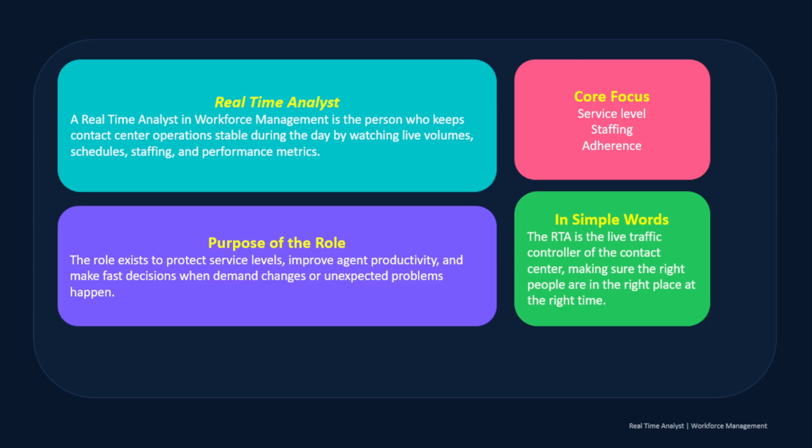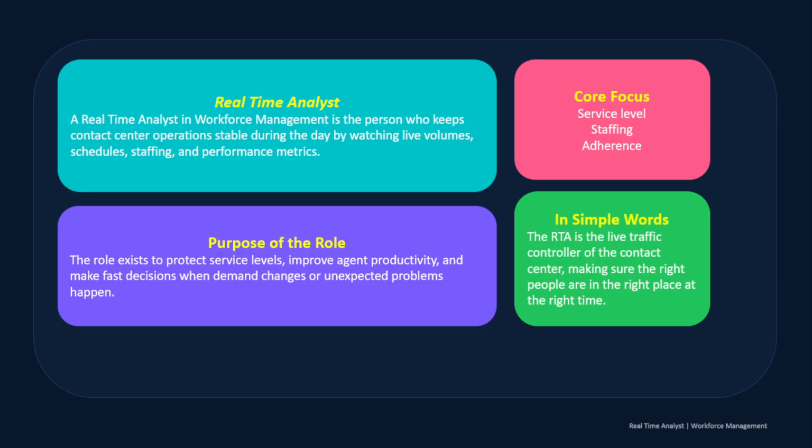Suppose the AST is 800 seconds, and a person is taking a call for 10, 15, or 20 minutes. Okay, so it is a long call, so the RTA will give a shout out that you are on a long call, please wrap up the call quickly because we have lots of calls in the queue.